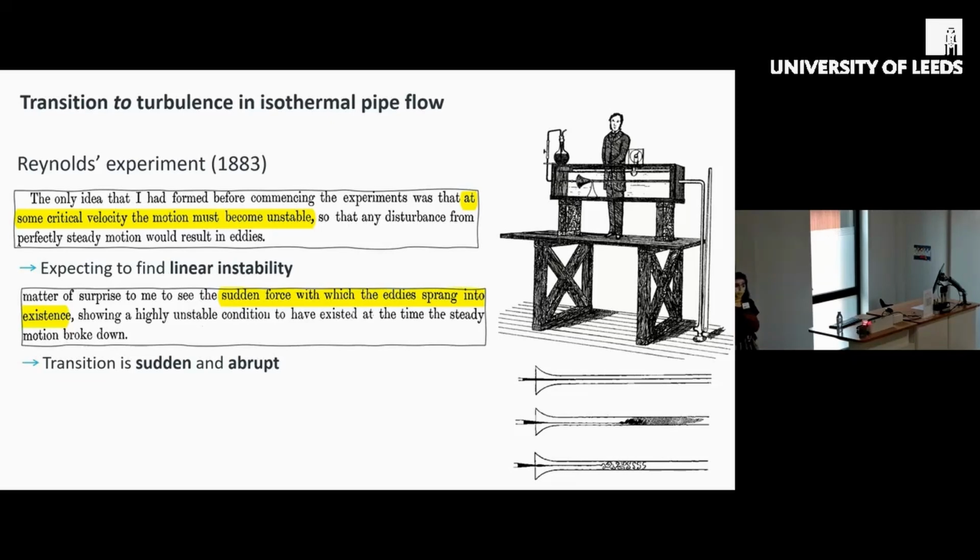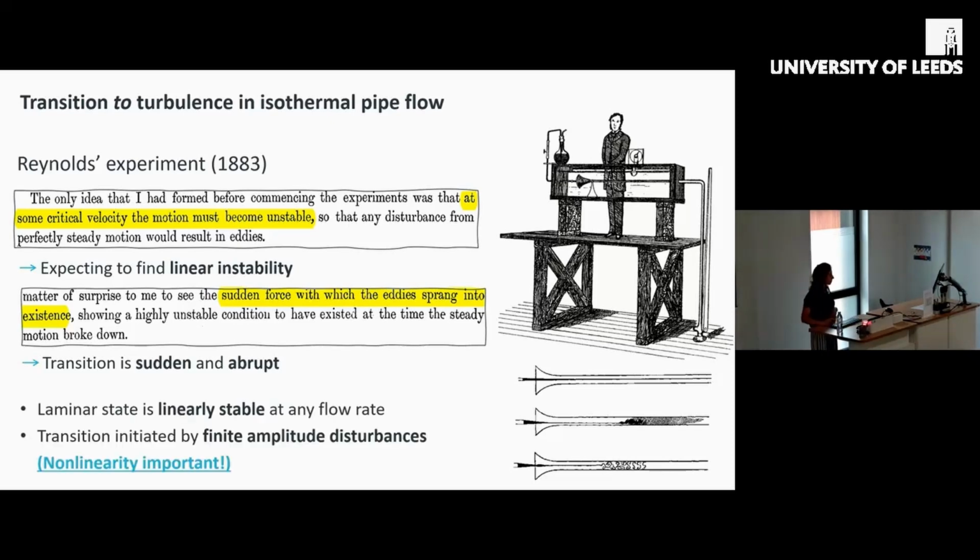So these are the typical characteristics of the so-called subcritical transition to turbulence that Tom, thank you, already talked a lot about. And this is not only happening in pipe flow, but also in other shear flows like Couette flow. So in this case, the laminar state is linearly stable at any flow rate, at least all theoretical evidence points to this.